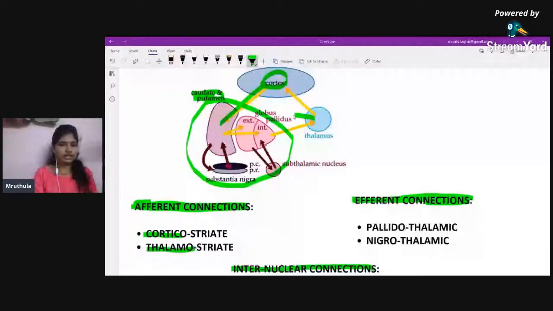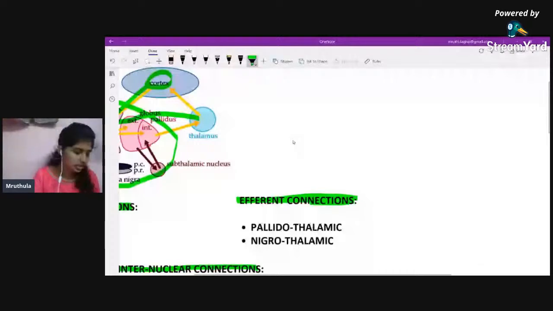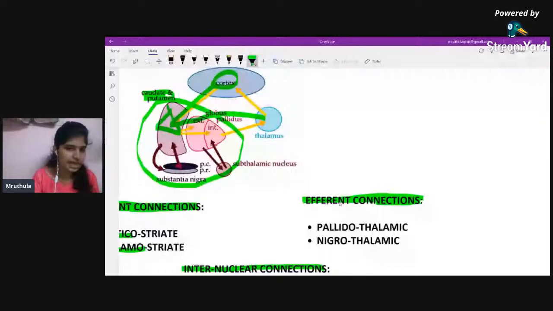Okay. Now, what are the efferent connections? So efferent connections, which is the output part. So guys, can you remember? Just now I told you which is the most important output part of the basal ganglia. So that is what forms the fiber here.